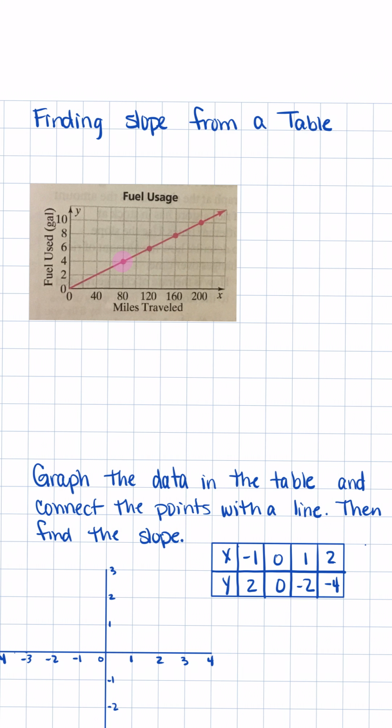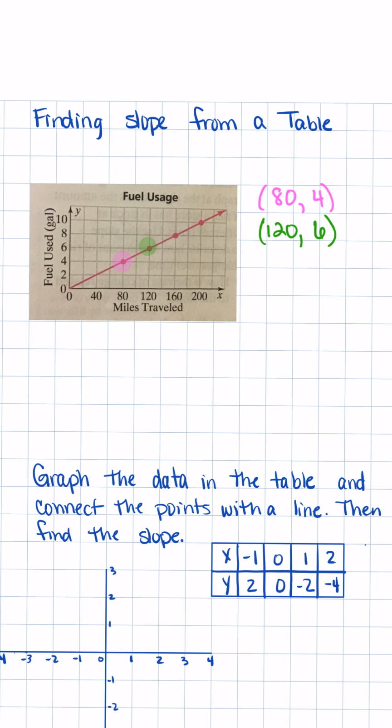If we took this first point, x is going to equal 80, y equals 4. And then if we take the next point, x is going to equal 120, and y is going to equal 6.